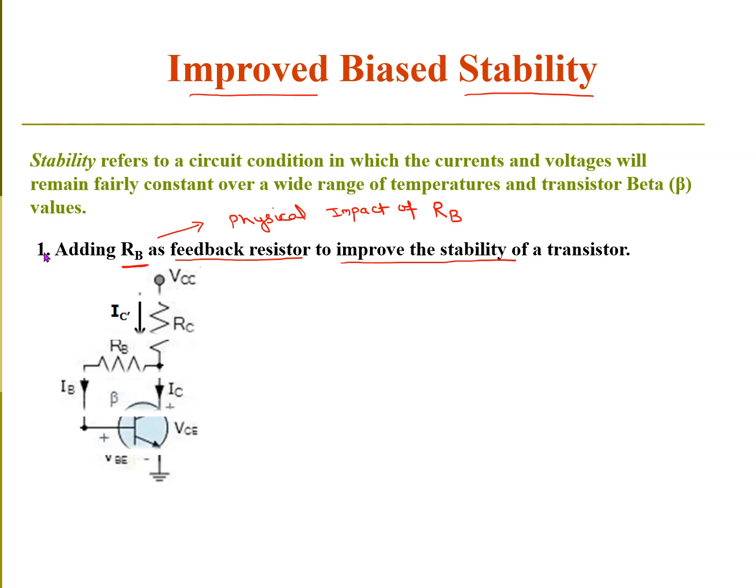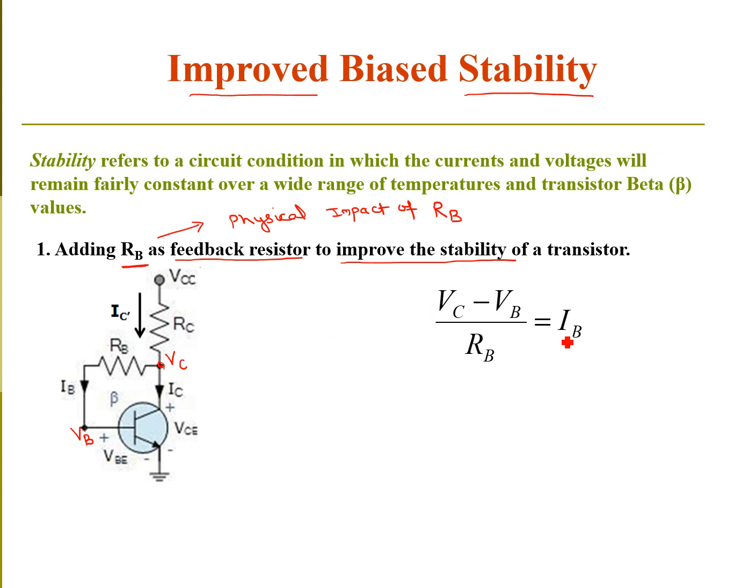So let's have the circuit. The circuit is over here. The voltage at this point, because this is the collector, is VC, the collector voltage. This is the base, therefore the voltage at this point is VB. And the current flowing is IB. So IB in terms of voltages can be written as VC minus VB upon RB.